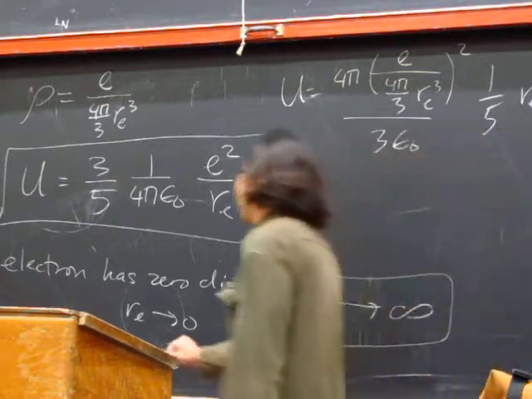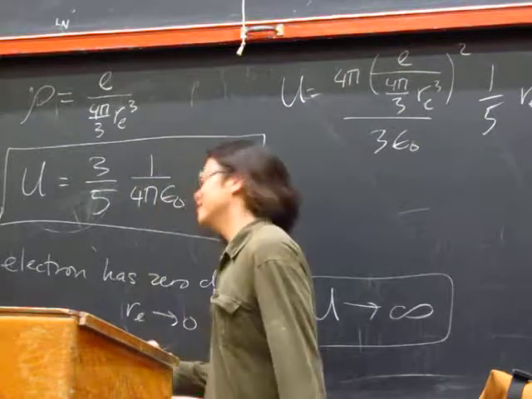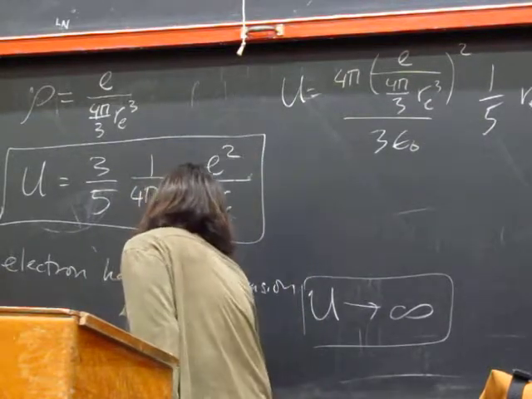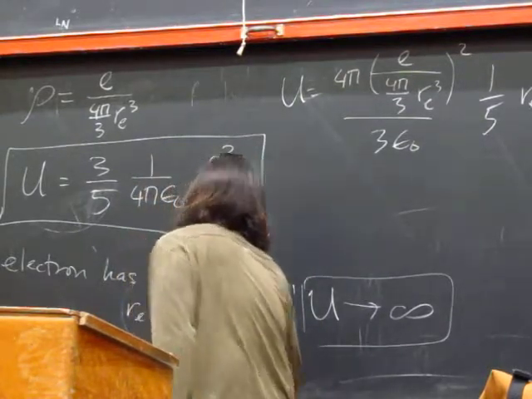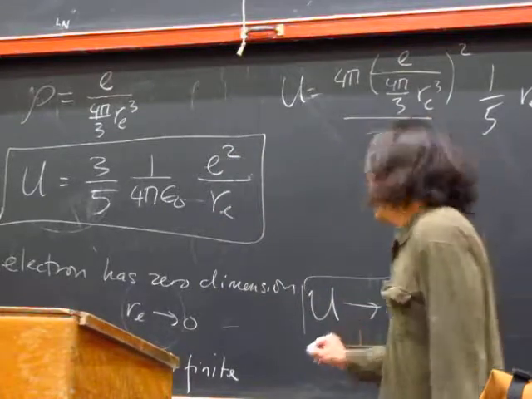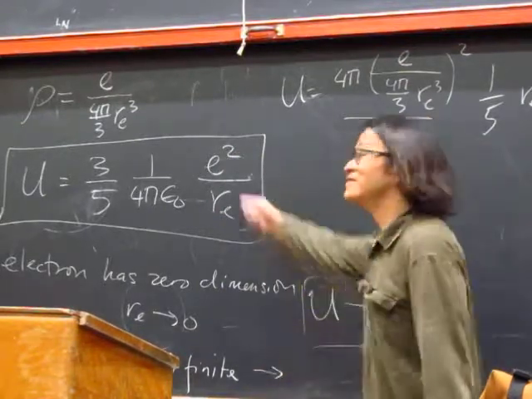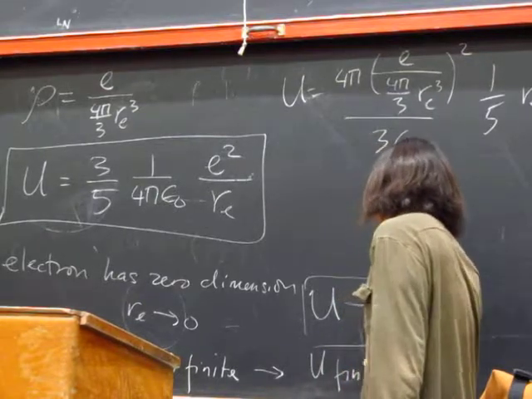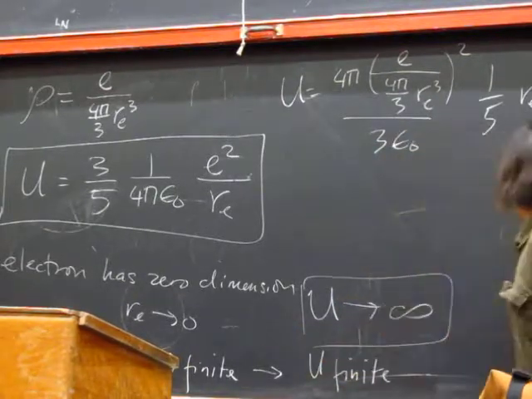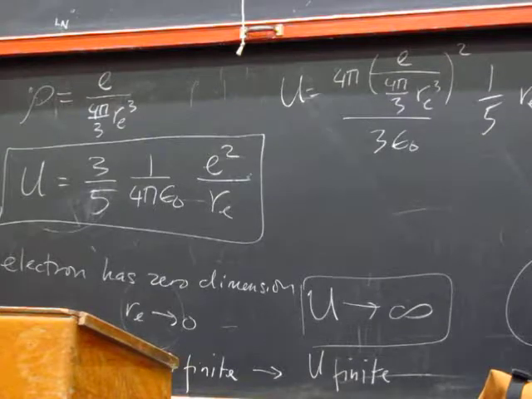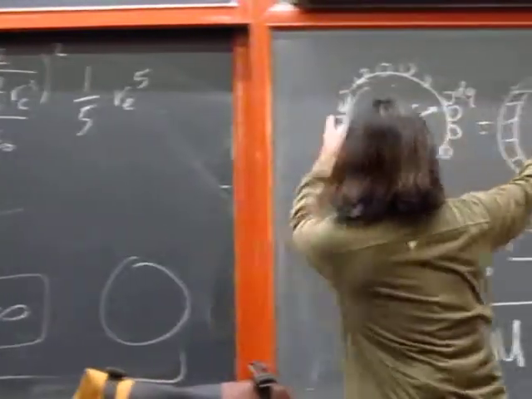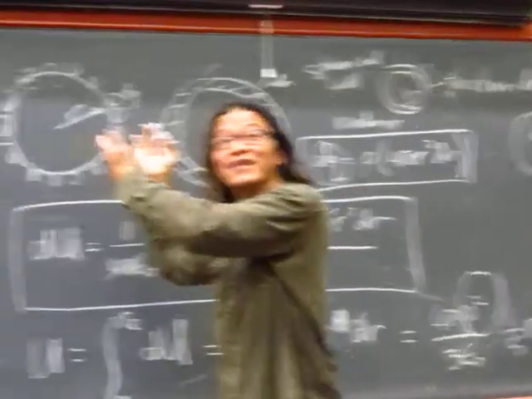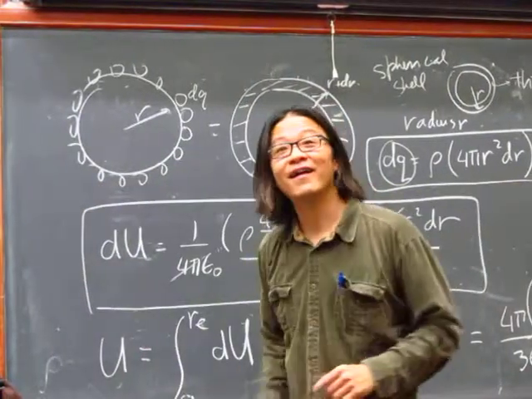But if the electron has a finite radius, if RE is finite, then what happens? Of course, U is finite. But if an electron is finite, then this is how you construct it, right? Then it will also fly apart.